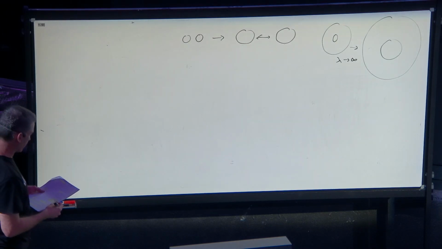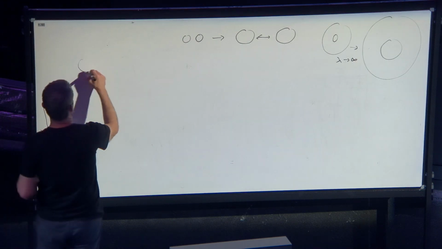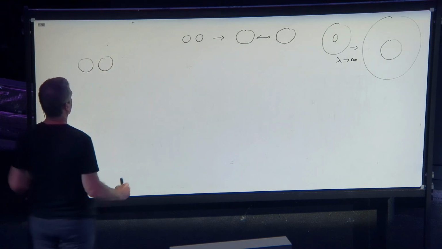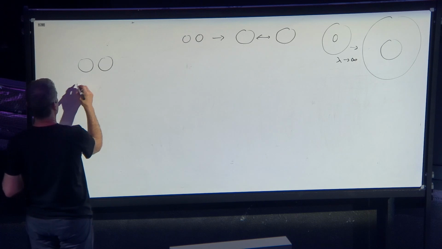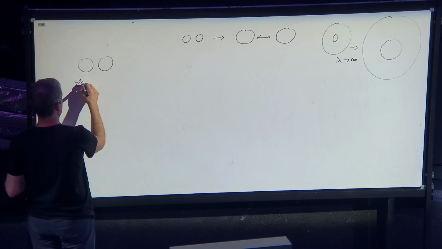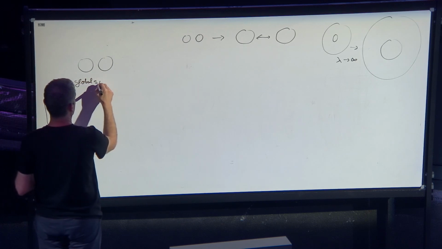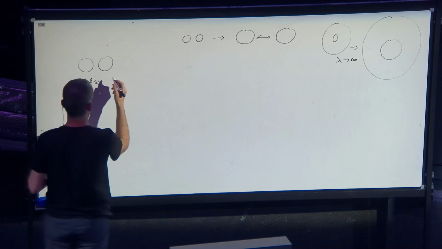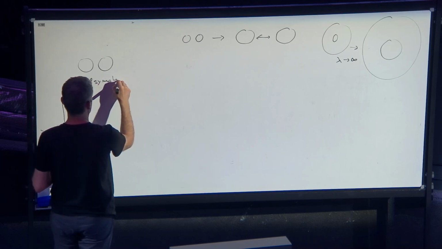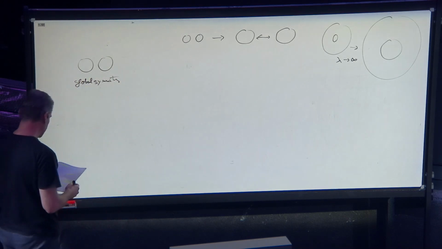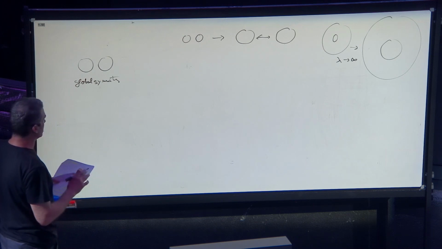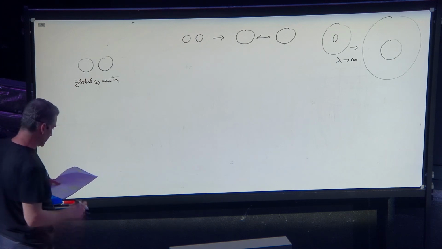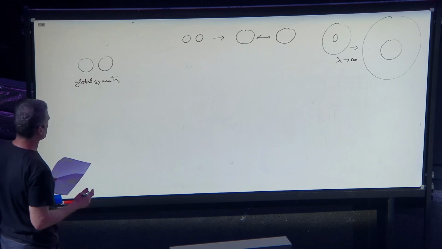So in the case of the 2 balls, one can study global symmetry, or zero form symmetry. And then, depending on how it behaves as lambda goes to infinity, you can see what will happen.